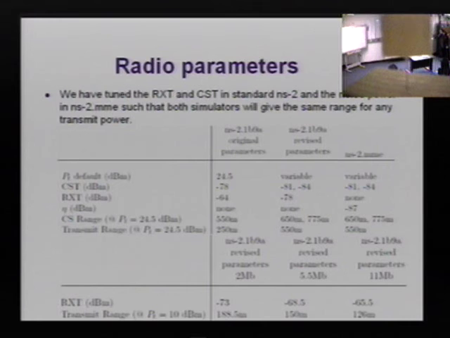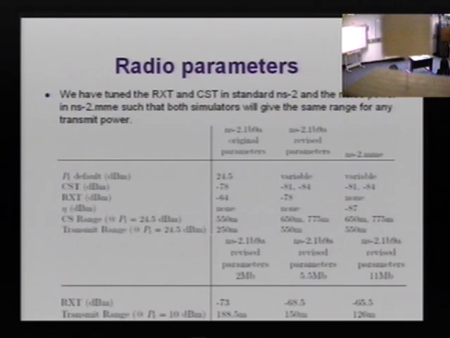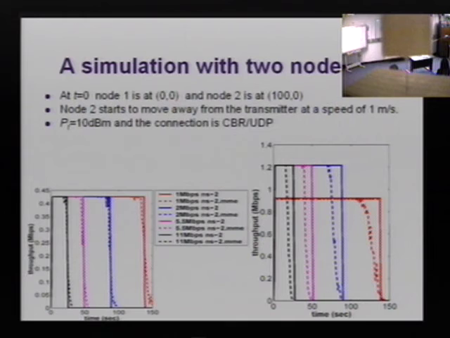And here you also see the ranges for high rates. For every different rate, standard NS2 also has a different RX threshold. So the explanation is here, with the range.